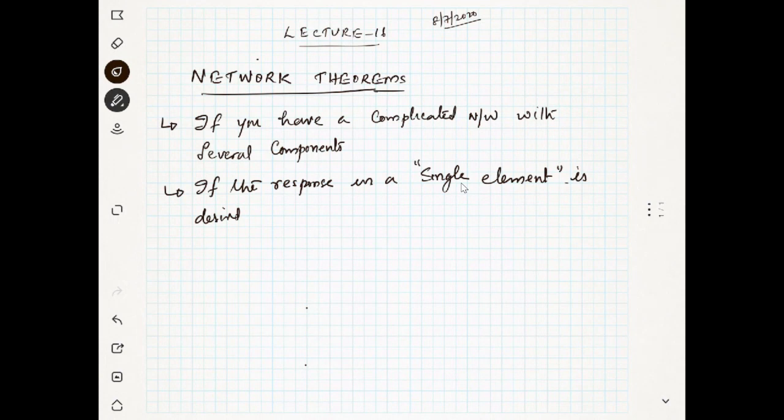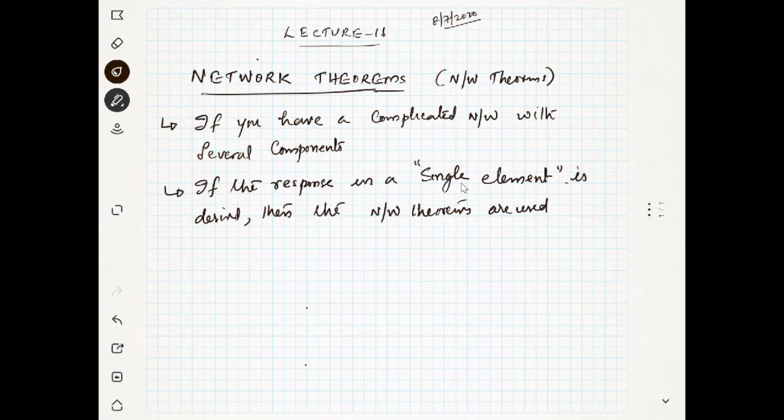Maybe you have a very complicated network with hundreds of resistors, but you want to find only the current and voltage across a single element or a single resistance. In such a case, the network theorems are used. Now you know where to use this.